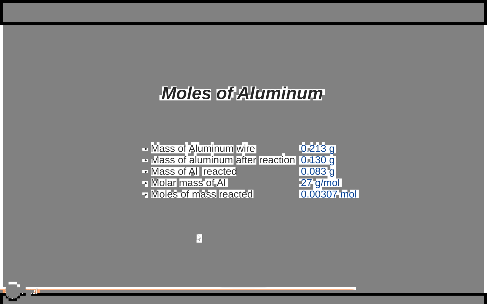Then we needed to find the moles of aluminum. Same process. We used the aluminum wire. We found basically the grams of the mass of aluminum that was reacted. We used the molar mass to calculate the moles of aluminum.